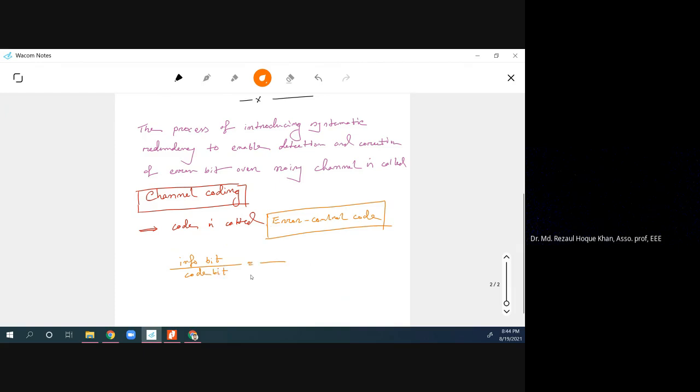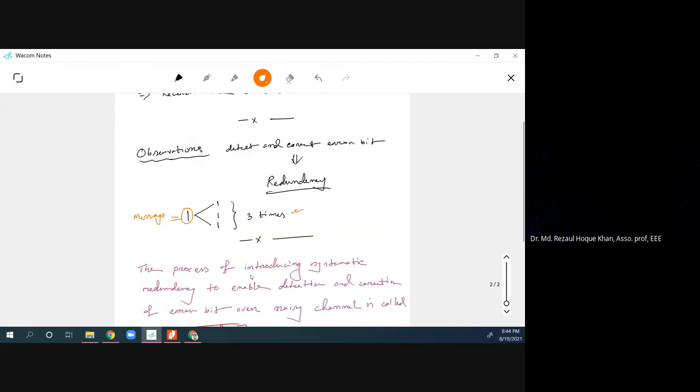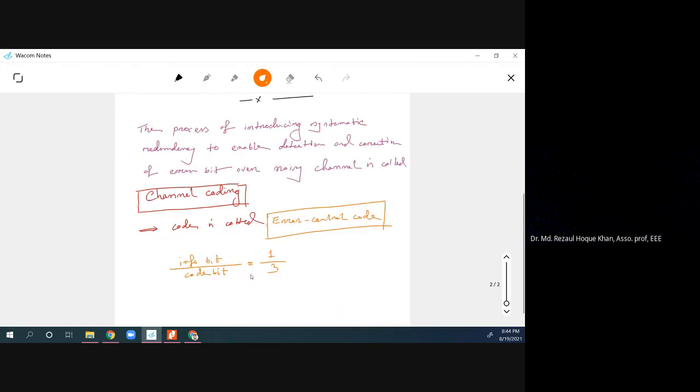We used 3 bits for this code, and the information was 1 bit, so 1 by 3, this is actually our code rate.